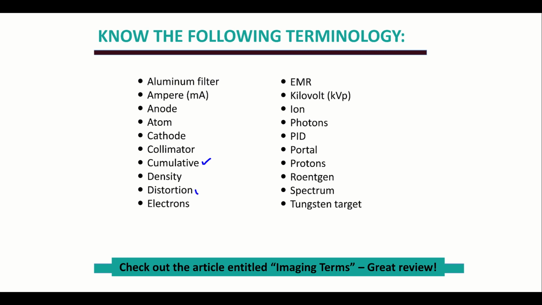And then just the word distortion, and that word also probably doesn't need to go in this list. Distortion just means if you take an X-ray and it doesn't look exactly the way it does in the mouth, that means it's distorted, which we're going to talk about in another lecture. But the rest of these terms here should all be familiar to you now. Double check yourself, make sure you know the meaning of each, and you will be good.